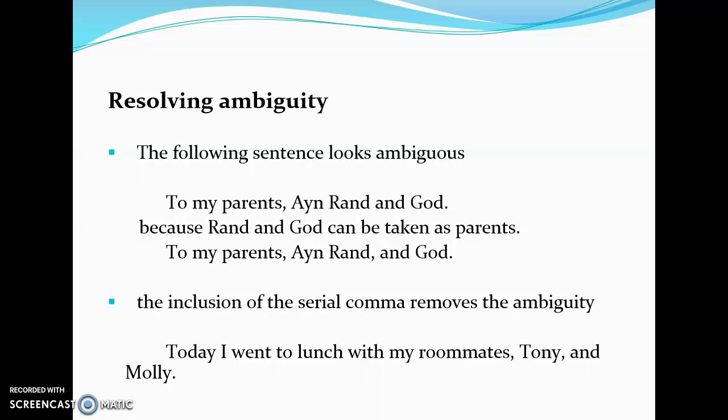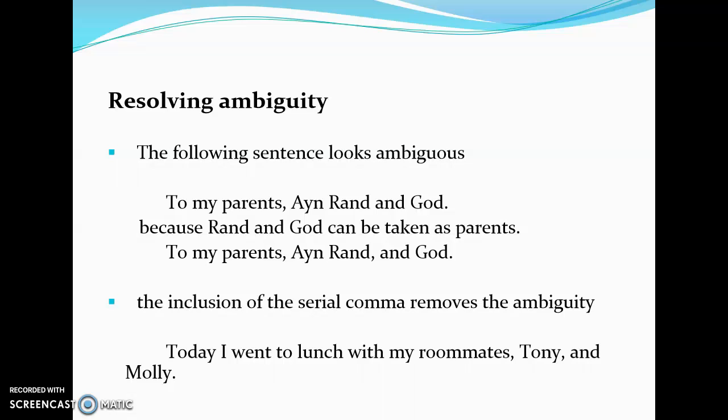The correct form of the sentence, if you are going to use an Oxford comma, will be "To my parents, Ayn Rand, and God." So here you are dedicating something to your parents and to God. They are both separate entities. The inclusion of the serial comma removes the ambiguity.